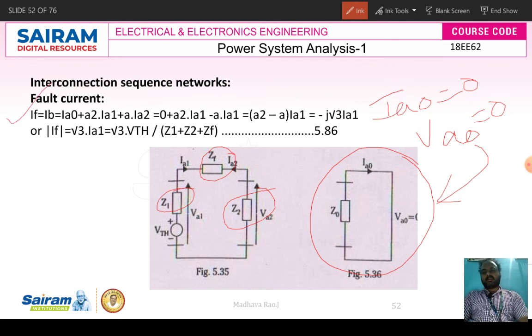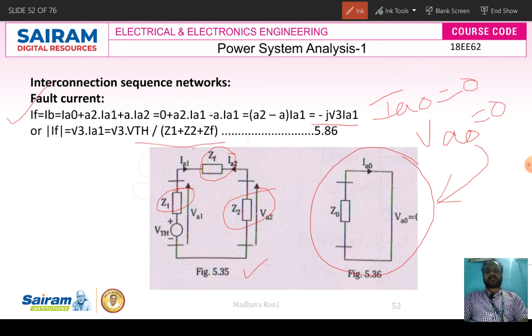Now the fault current If is equal to Ib, which is Ia0 plus A square into Ia1 plus A into Ia2. So here, it is minus j into root 3 into Ia1. Ia1 you can calculate by using this first figure. Ia1 equals V Thevenin divided by Z1 plus Z2 plus ZF.